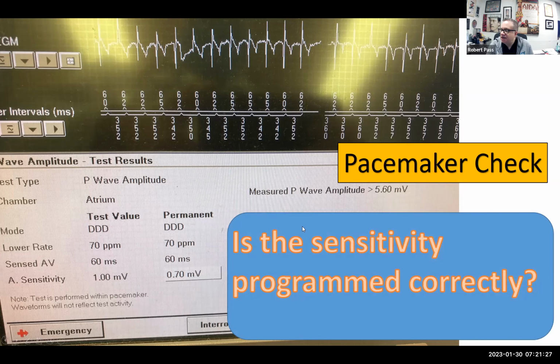So this is a pacemaker check, and this is the electrogram. Do you see it? Oh, there we go. That's better. Okay.